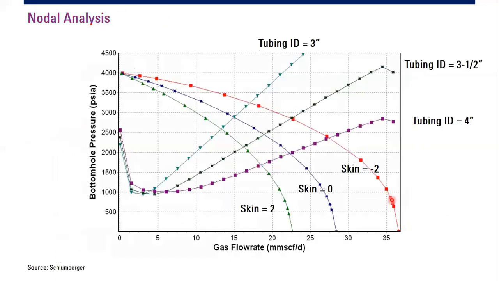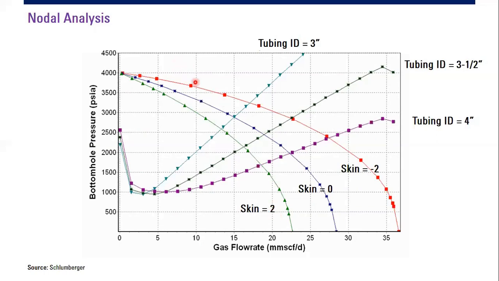Using nodal analysis, you can perform many scenarios, for example this picture. We have three scenarios of IPR, where the differing factor is the skin factor. We have skin of -2, indicating a stimulated well, skin of 0, indicating a normal well without formation damage, and skin of 2, indicating formation damage.